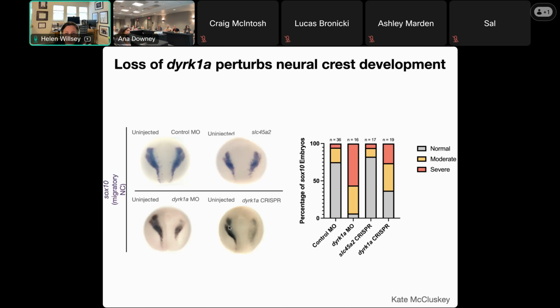Some of these cells become the neurons of the gut. And so you can see them really nicely in this pattern on the control side, and it's really reduced when you lose DYRK1A. And so these cells give rise to the neurons of the gut. They also give rise to some of the craniofacial structures. You could imagine that a loss of DYRK1A would lead to problems with gut neurons and also in forming craniofacial structures.